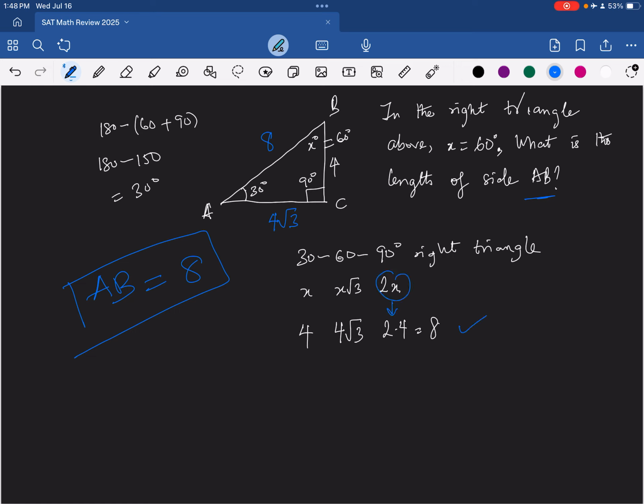So the important thing you need to know here is the ratio, the way the lengths of the sides of a 30, 60, 90 right triangle are configured. The side facing 30 is x, the side facing 60 is x root 3, the side facing 90 is 2x.